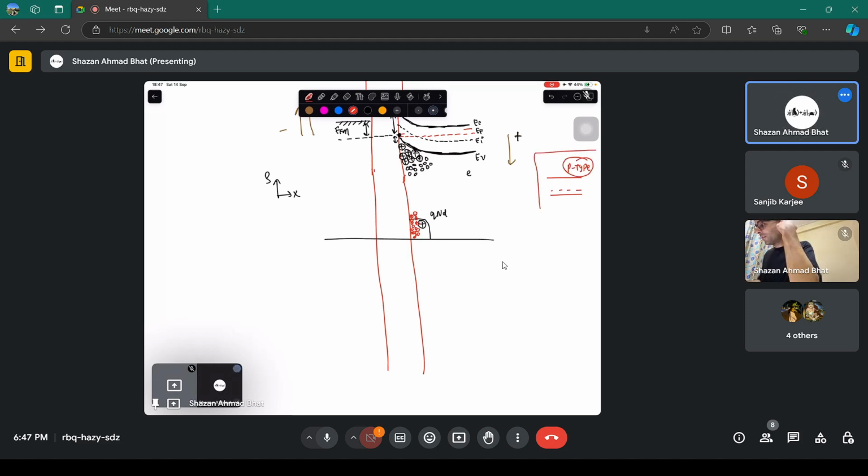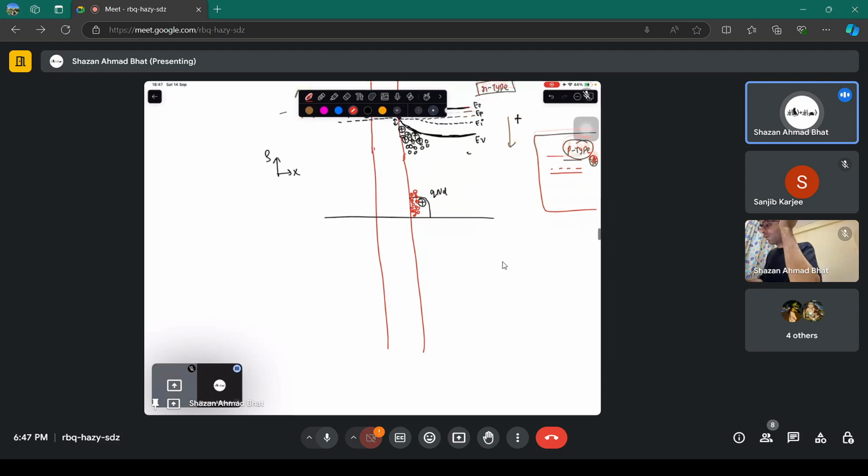We are taking the n-type semiconductor right now. Whatever happens in the p-type, the opposite happens in the n-type. You don't need to confuse yourself.